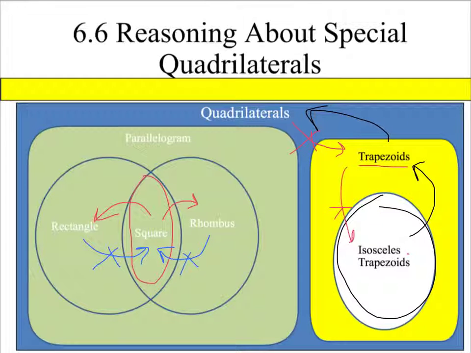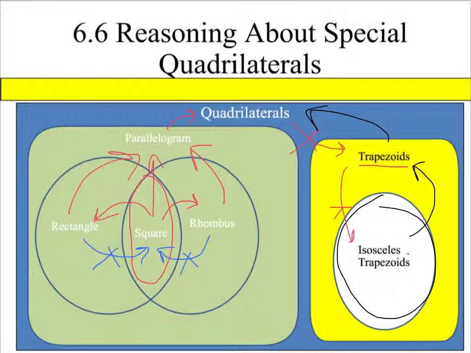That is not true. However, all three of these shapes are always going to be parallelograms. But again, not all parallelograms are these three shapes. Going back to quadrilaterals, all parallelograms are quadrilaterals. So these all lead to parallelograms, and parallelograms lead to quadrilaterals.